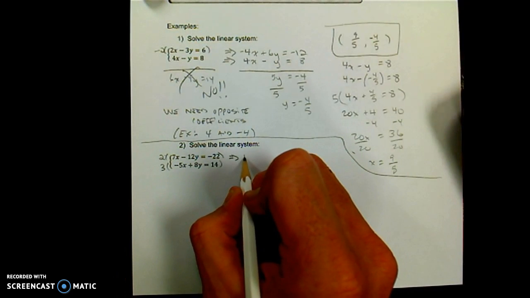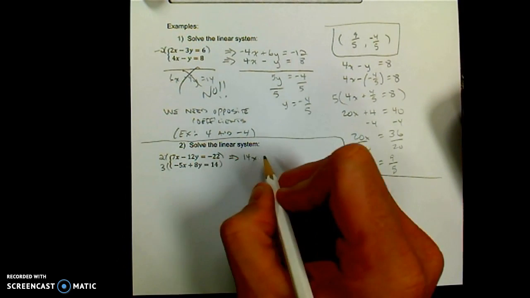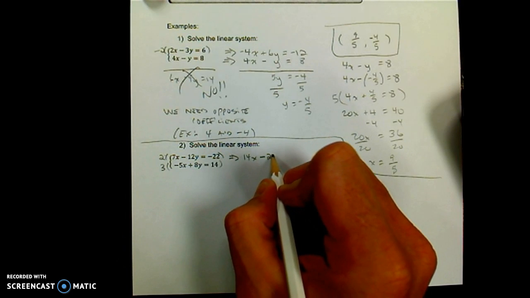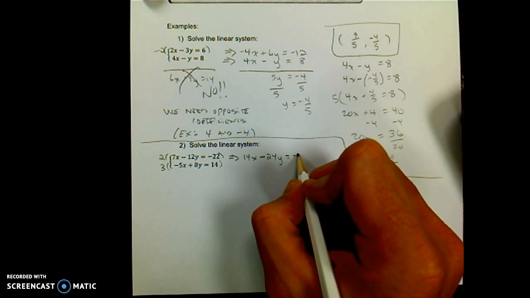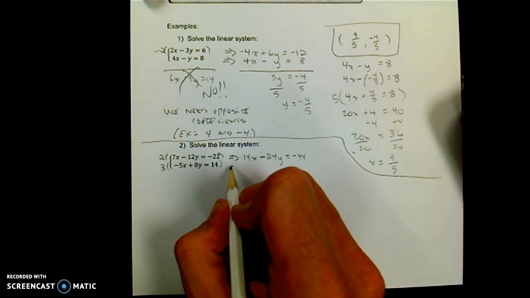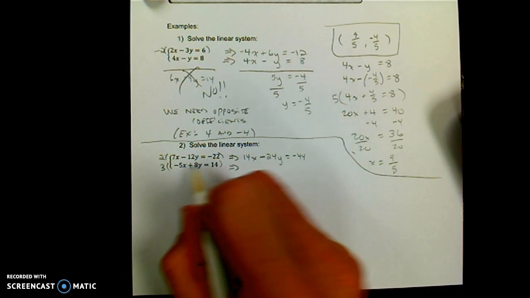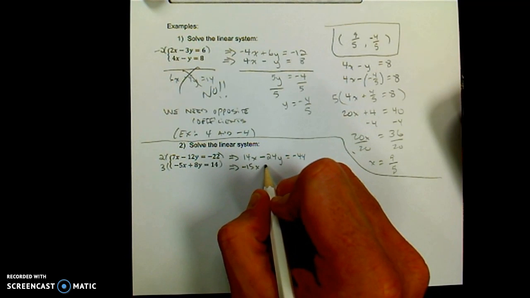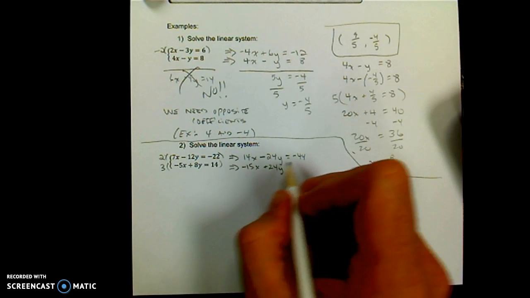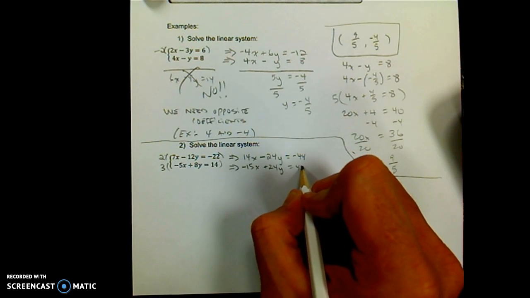2 times 7x, 14x. 2 times negative 12y, negative 24y. 2 times negative 22 will be negative 44. Similarly, bottom row, 3 times negative 5, negative 15x. 3 times 8y, 24y. 3 times 14, 42.